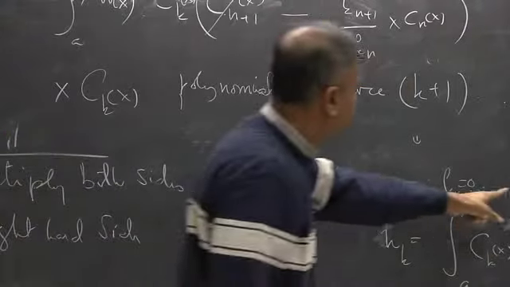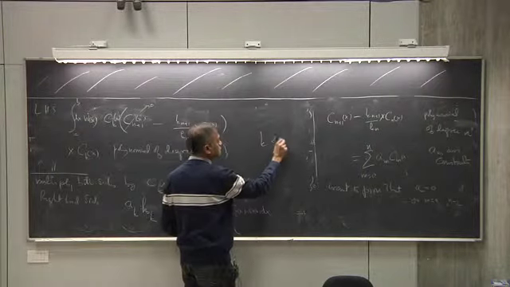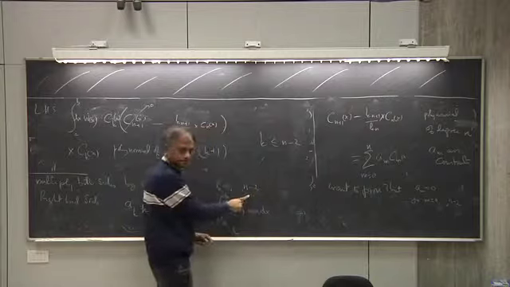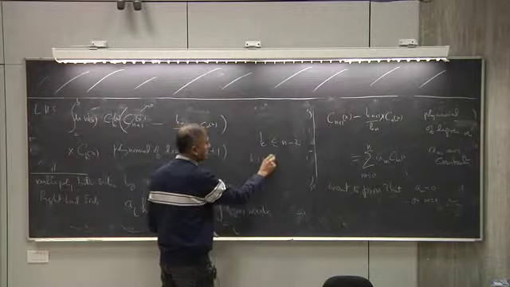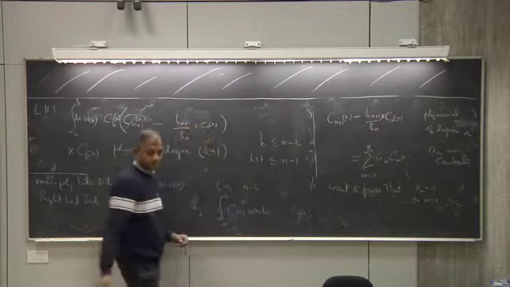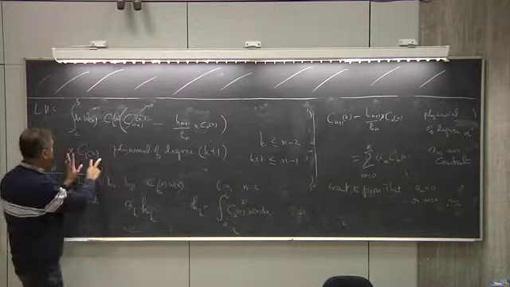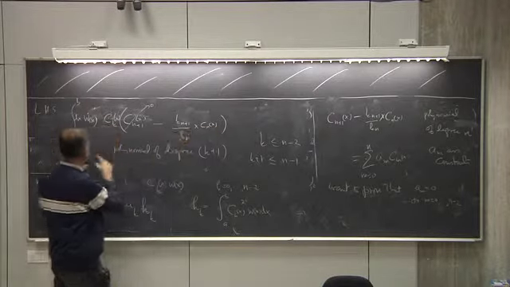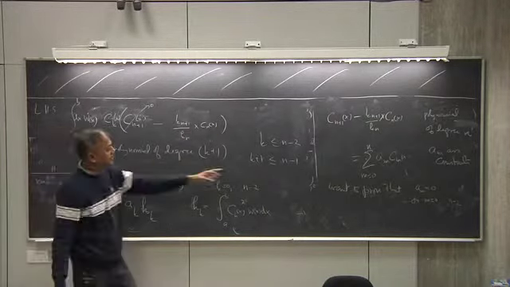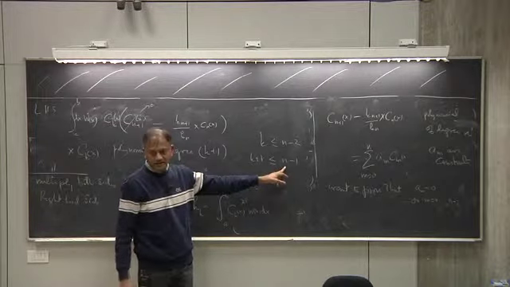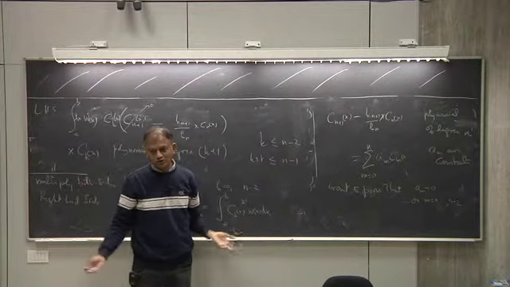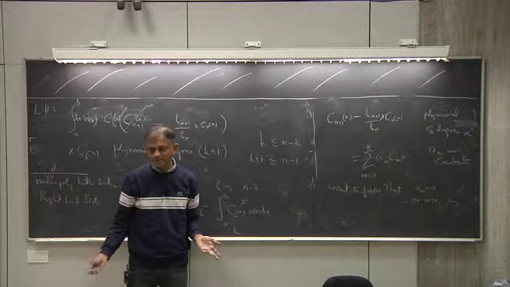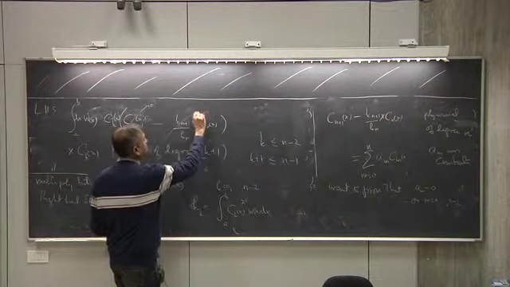But k is less than or equal to n minus 2 here, so k plus 1 is less than or equal to n minus 1. So what we have is c_n(x) times some polynomial of degree less than or equal to n minus 1, and I'm integrating, but that is orthogonal, so it vanishes. So this integral also vanishes.